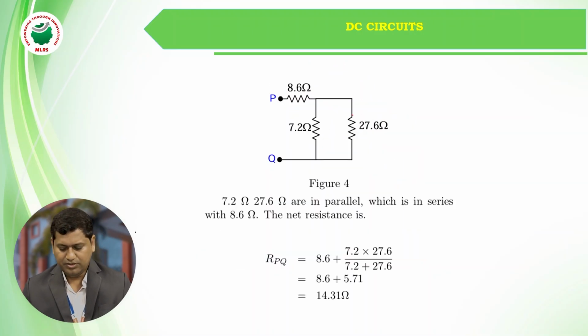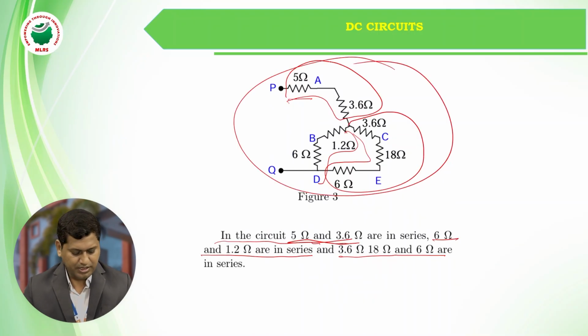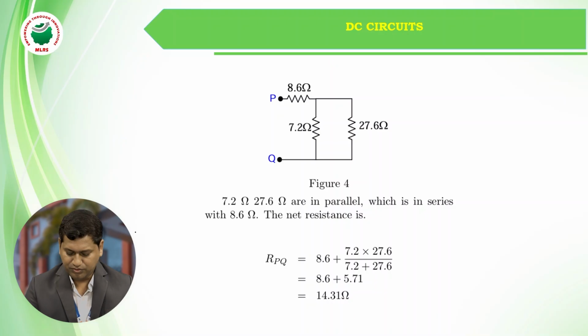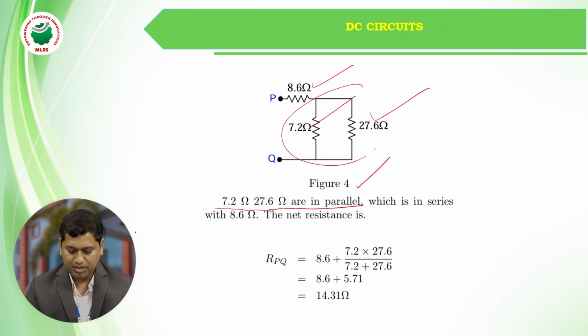So this circuit will be turned to this form: 8.6, and 7.2 in parallel with 27.6. These two are in parallel, which is in series with 8.6 ohm.